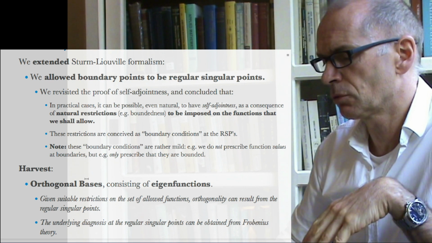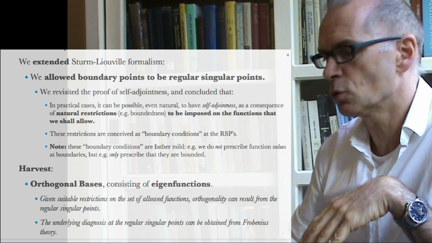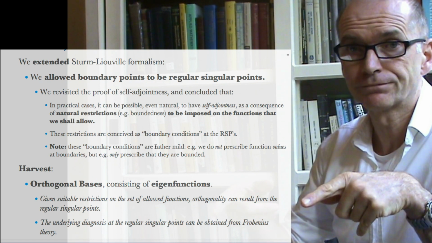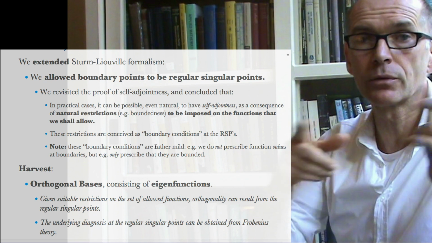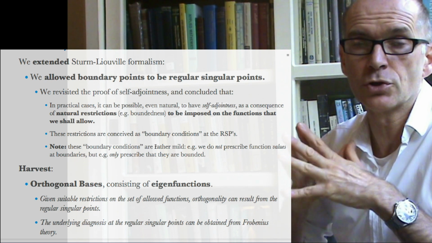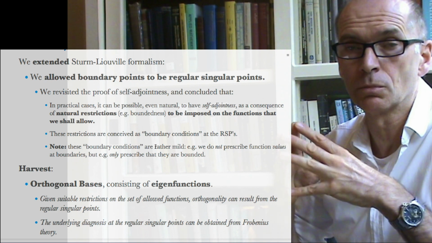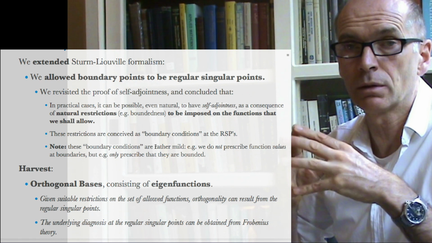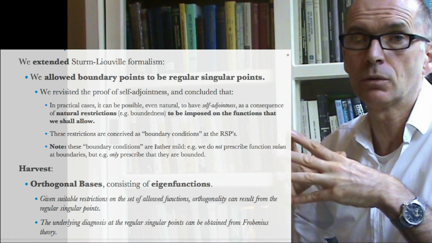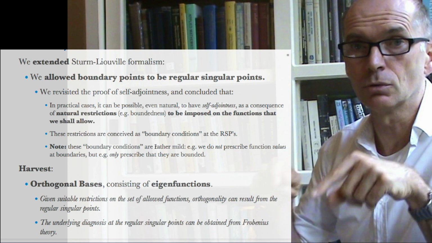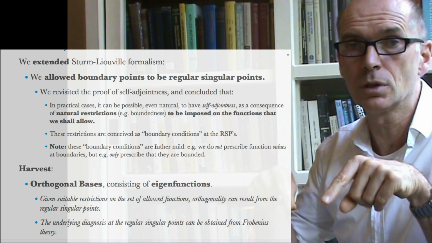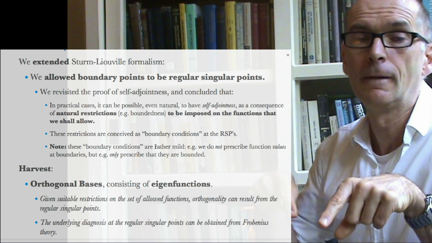Note that the boundary conditions that we impose in this context are rather mild as compared to boundary conditions that we had for regular Sturm-Liouville problems. Then we had the homogeneous Robin conditions, also general, but you do prescribe that they have to be homogeneous, there has to be zero there.